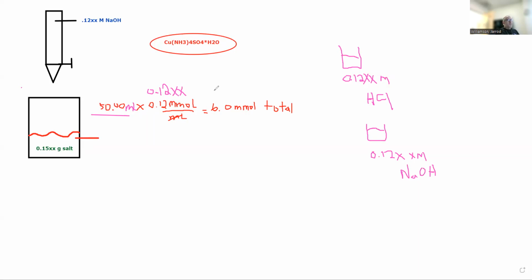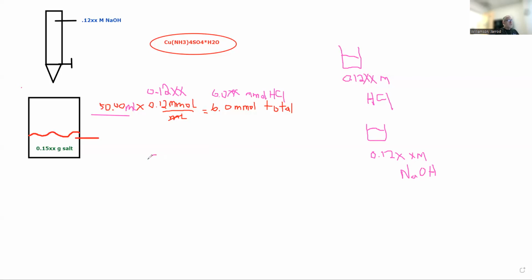So we're going to get 6.0 XX millimoles of HCl total that we've added in here. Some of that HCl will react with this. So out of that 6 millimoles of HCl, less than 6 will react with this stuff because of the ammonia that's in there.